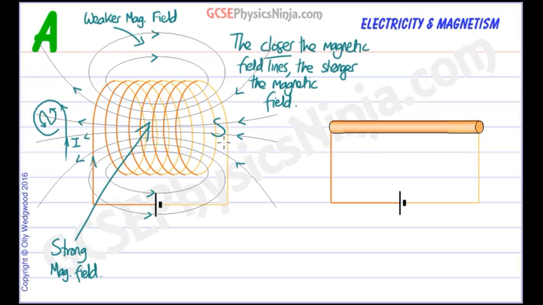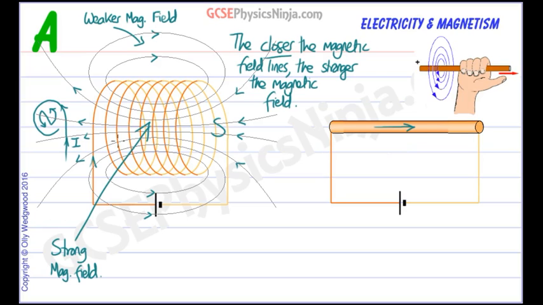Okay, right, what about a straight piece of wire? Let's take a look at the magnetic field around a straight conductor. Again, look at the direction that current is flowing. So here we have the positive on the left, so current is flowing from left to right. And here we're going to use a principle called the right hand grip rule, which looks a bit like this. So you point your thumb in the direction that the current is flowing, so that's from left to right.